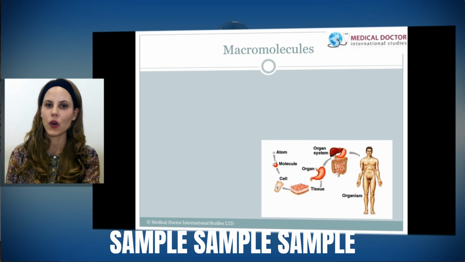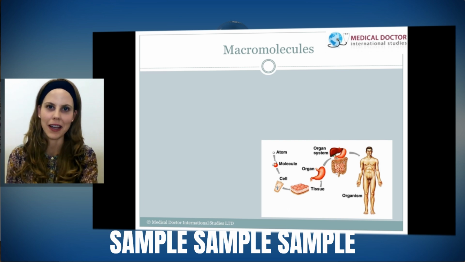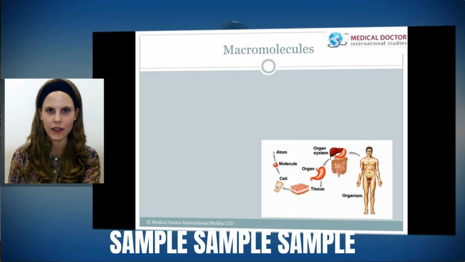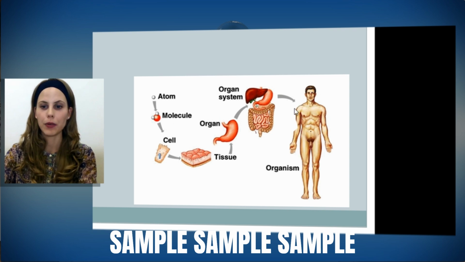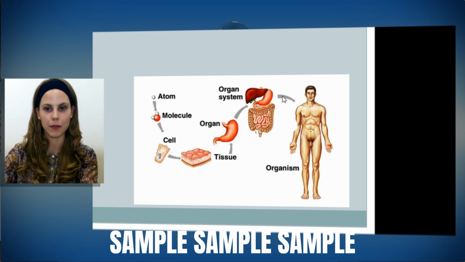Macromolecules. I like to start from a larger picture to understand the smaller picture. First, we have an organism, a human being, and the human being can be broken down into different organ systems. Here we have the digestive system. We have the stomach, the small intestines, these little pink squiggles, and the large intestine.